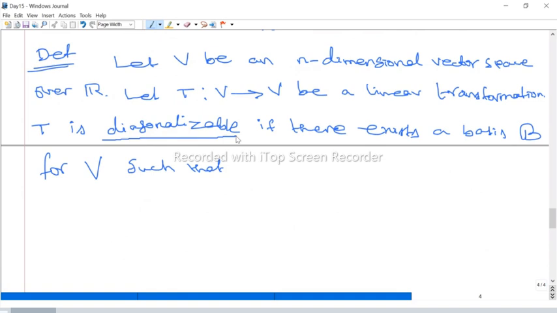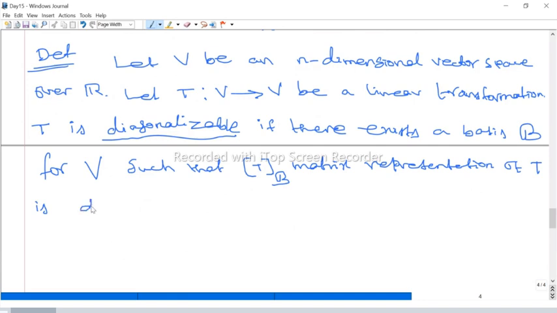So to show T is diagonalizable, we have to prove that the corresponding matrix representation is diagonal. That is, we can find a basis B for V such that the matrix representation of the linear transformation T is diagonal. This is the notation to represent the matrix representation. If we get the diagonal matrix, then we say T is diagonalizable.